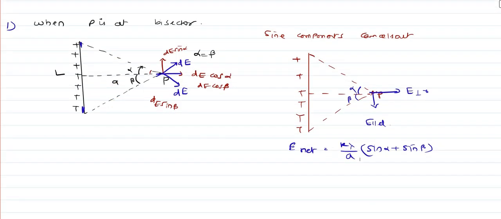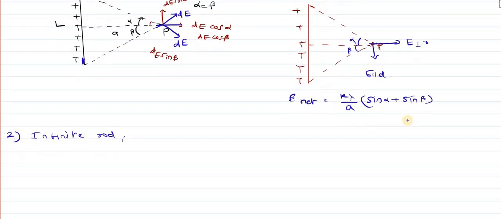Next is the infinite rod, when the linear charge distribution is infinite.